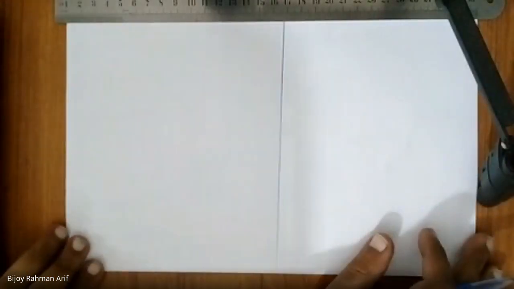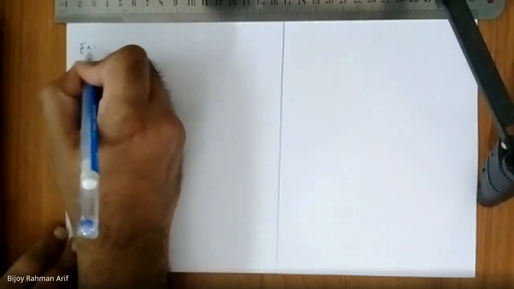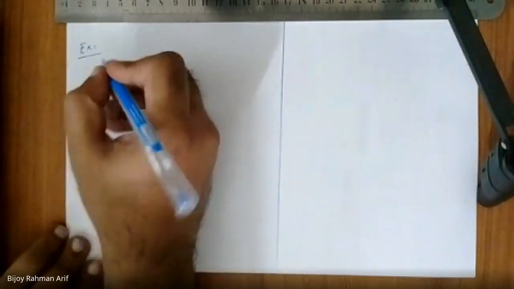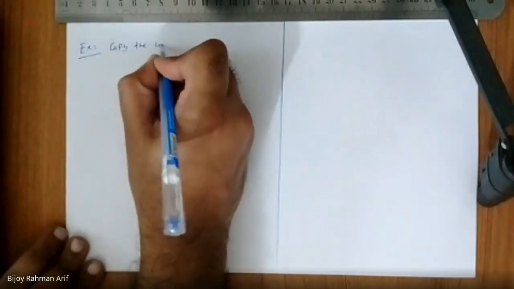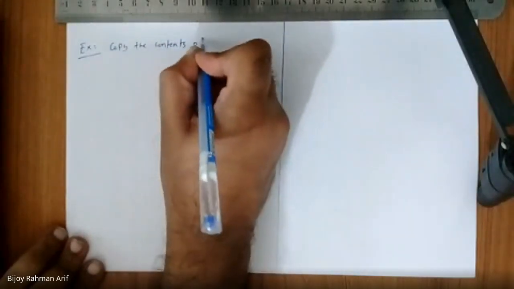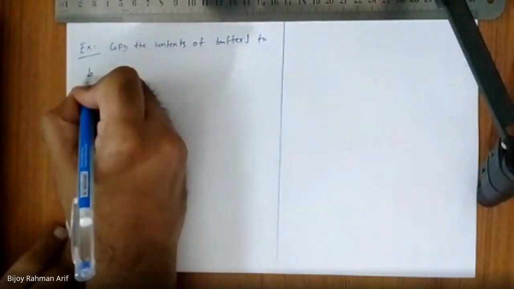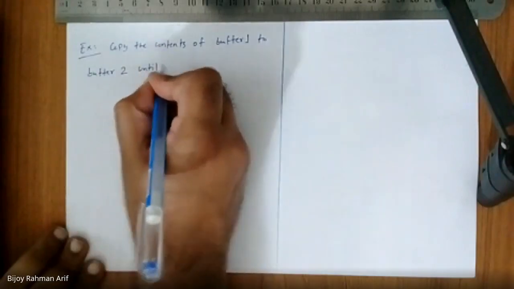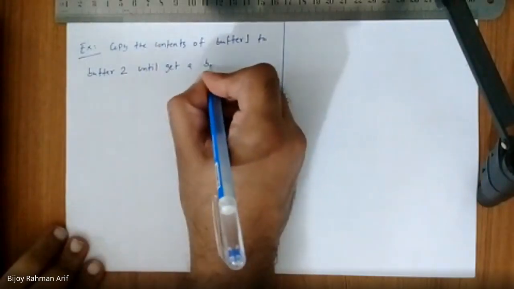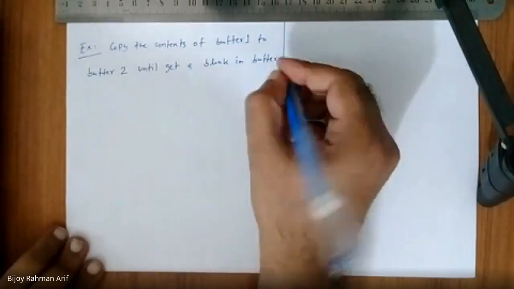All right, so let's go to the next problem. Let's try to solve this problem. Example: copy the contents of buffer 1 to buffer 2 until it gets a blank in buffer 1.